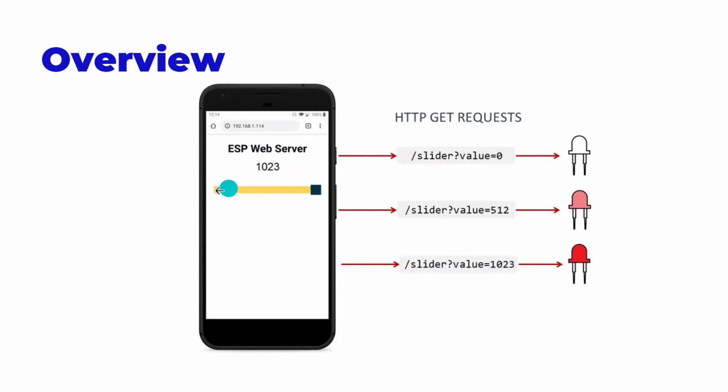When you move this slider you make an HTTP request to the ESP8266 with a new slider value. The HTTP request comes in this format: GET /slider?value= the slider value, whatever value you are sliding to. It is a number between 0 and 1023.